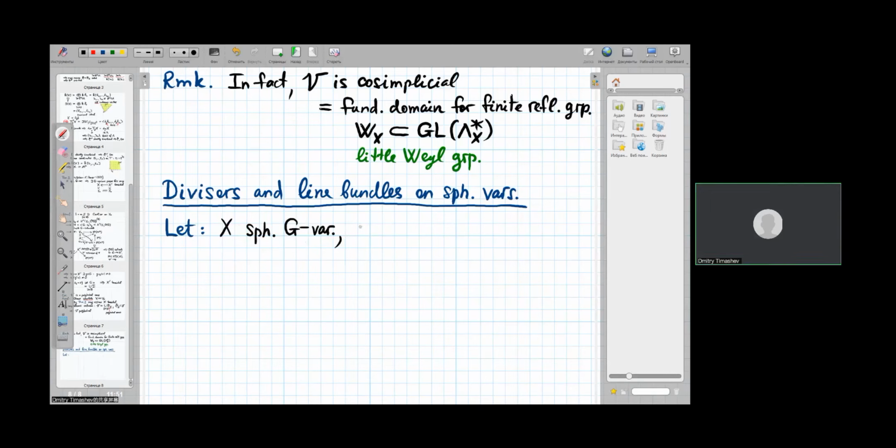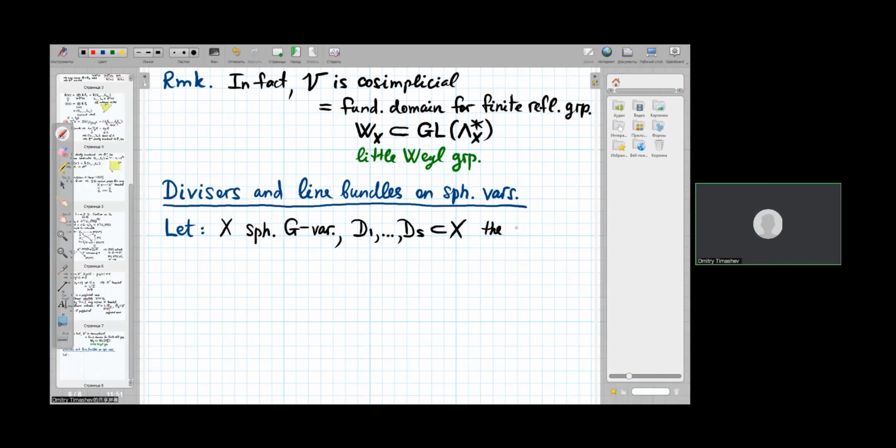Let me denote by D_1, etc., D_s all the B-stable prime divisors on X, both colors and G-stable prime divisors.